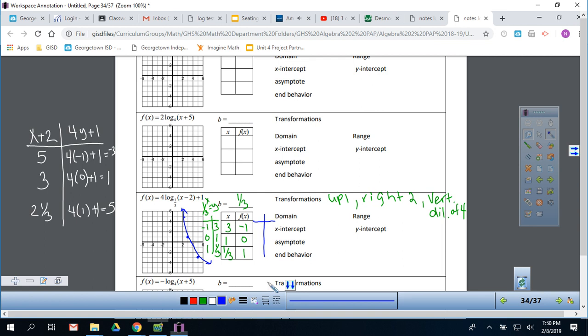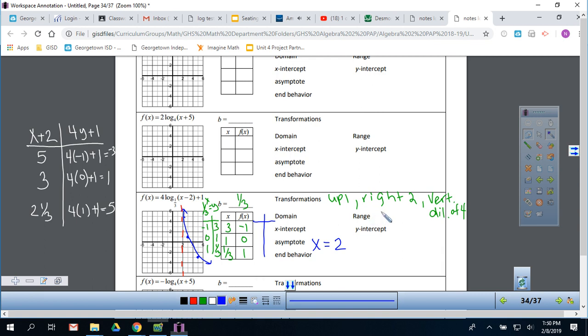Now, based on just the transformations alone, if we move right 2, what happens to our vertical asymptote? Our asymptote should be at x equals 2, and if we check, that's exactly where it's at.